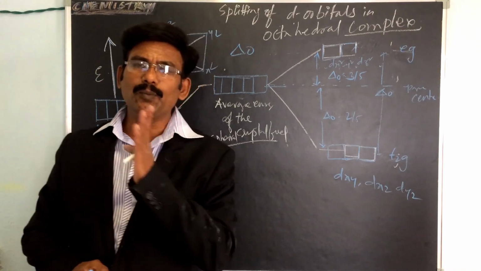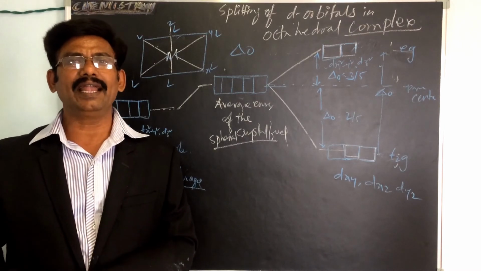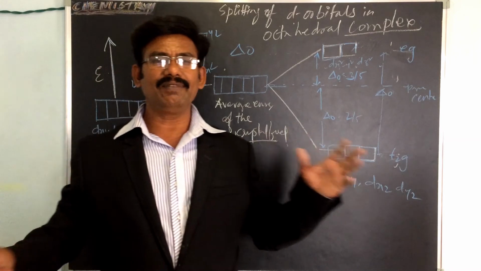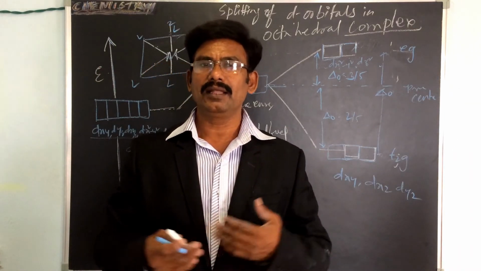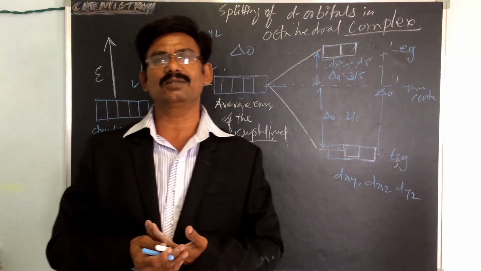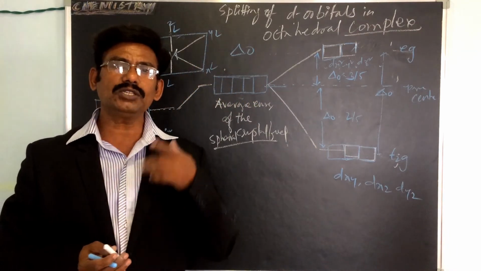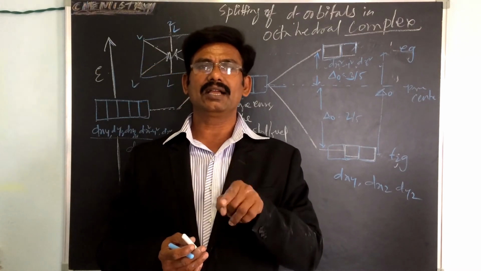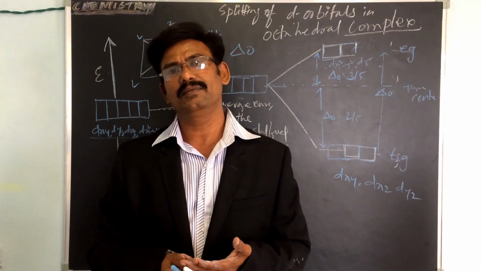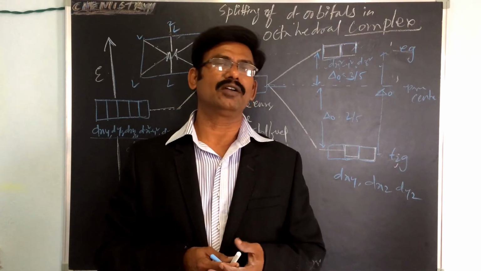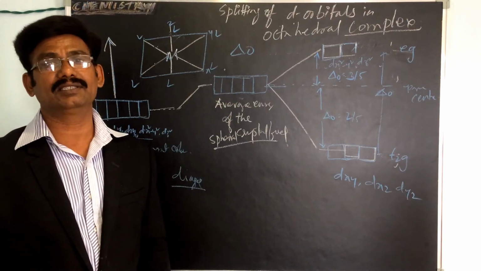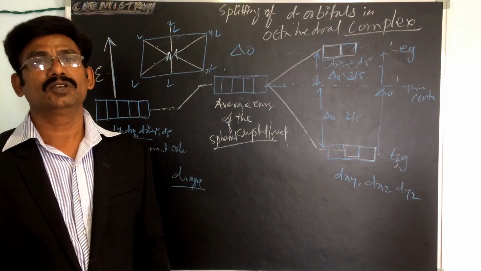When ligands approach the metal ion, the ligands that produce a strong field and cause large splitting are called strong field ligands, and those that produce a weak field and cause a small degree of splitting are termed weak field ligands. The field depends upon the ligands.